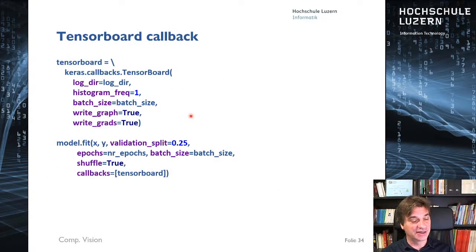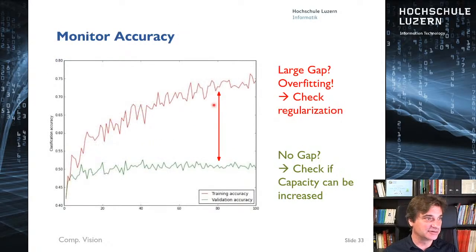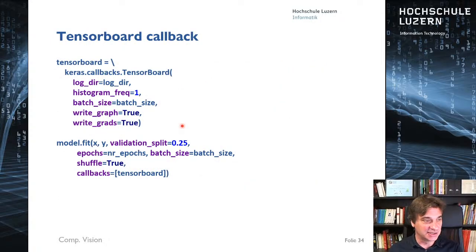So even if you work from Jupyter notebooks, in order to monitor this accuracy during the training, one possibility is to use TensorBoard, which is a real-time display in TensorFlow that you can look at during training. And to do this in Keras, there is a callback function that is called TensorBoard, and you can just instantiate this callback, and then when you call model fit, you can give it this callback.